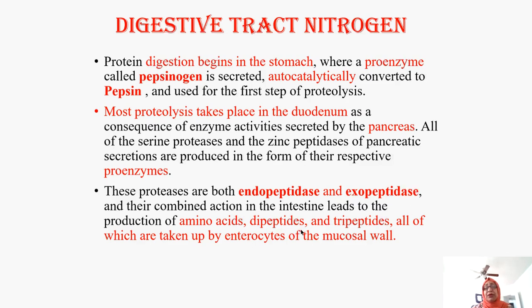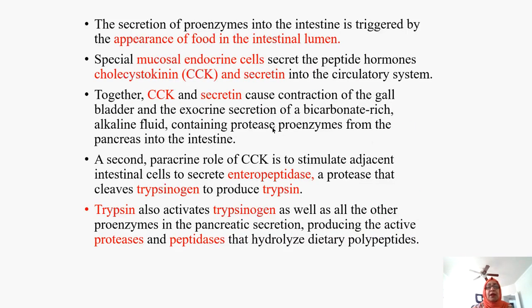So after that, we're going to have our final products, which could be either just single amino acids or dipeptides or tripeptides, and those could be absorbed easily when we compare them to the starting point here, which is the bulky protein.